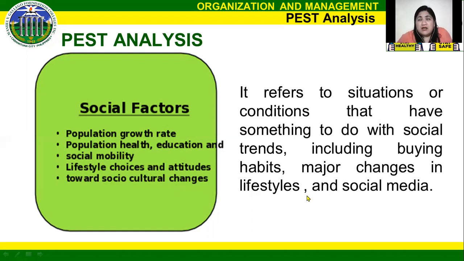Yung mga businesses which are people-based, like restaurants, theaters, yan, bumaba rin yung kanilang naging benta, yung iba pa nga nagsara. Kasi yan, nagkaroon tayo ng changes in our buying habits as a result of the pandemic.